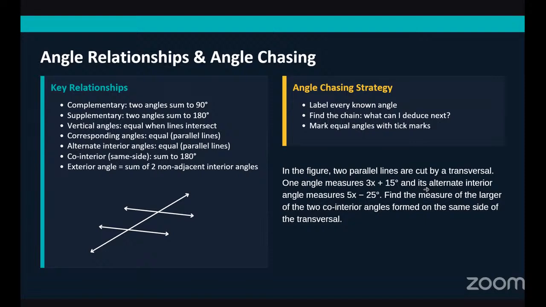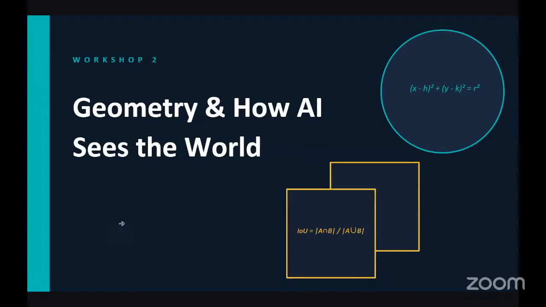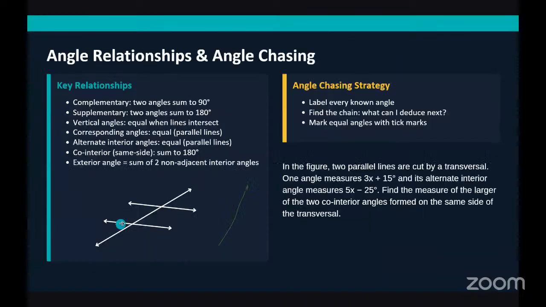Same with alternate interior angles and co-interior angles. These ones are just related to when you have parallel lines and you have intersections. Using that, you can have properties like this angle plus this angle would equal 180, etc. And that only works if this is parallel to that line.